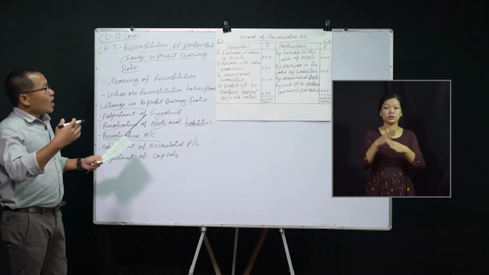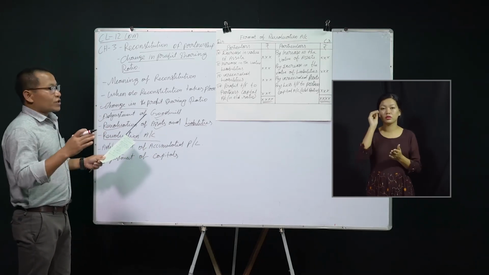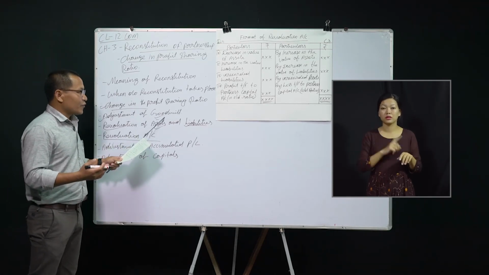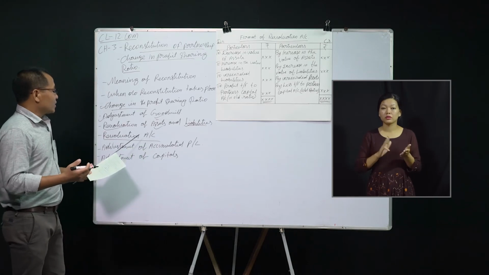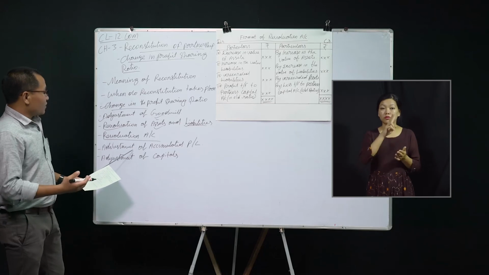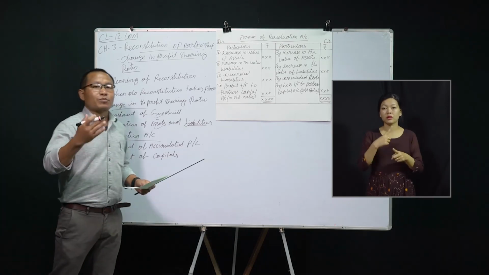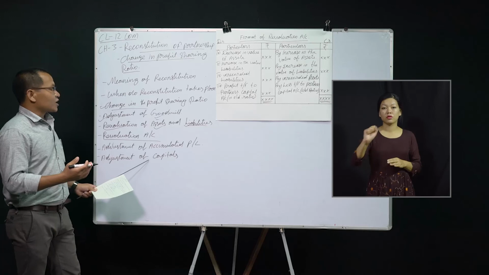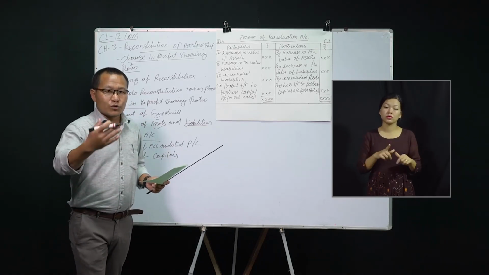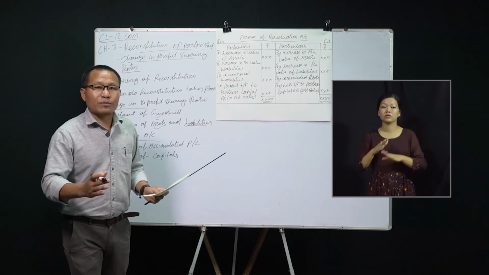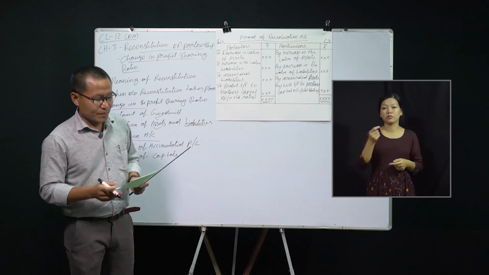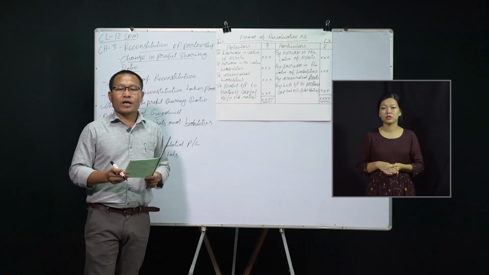Before preparing the revaluation account on retirement or admission, we have to make certain adjustments, that is, adjustment of goodwill, assets and liabilities. Then we have to prepare the revaluation account. At the same time, we have to distribute the accumulated profits and losses and make the adjustment of capital, if the partners agree to have a fixed amount of capital to be brought in or paid out within the firm. With this, we have come to the end of this session.